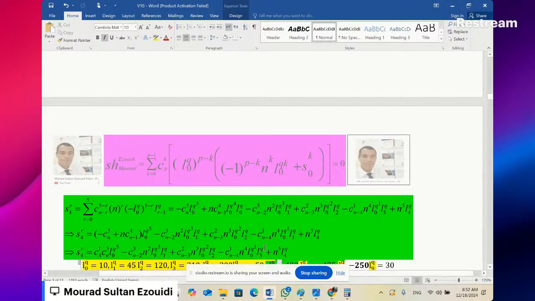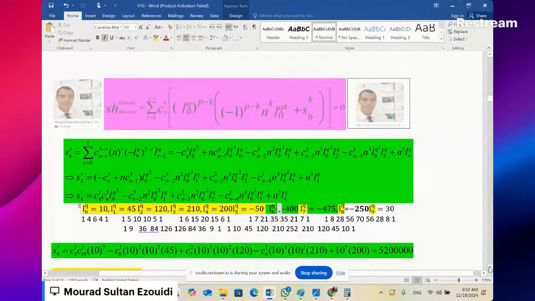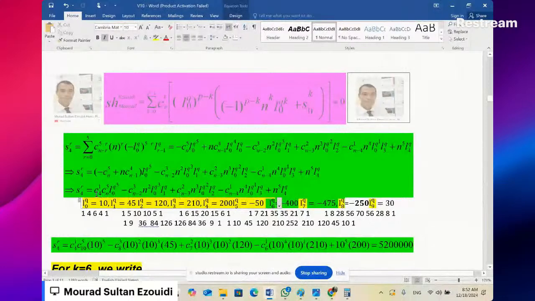First of all, we should substitute k equal 5 in the discriminant formula, then focus on the last one, S4 equal this. It's in front of you.